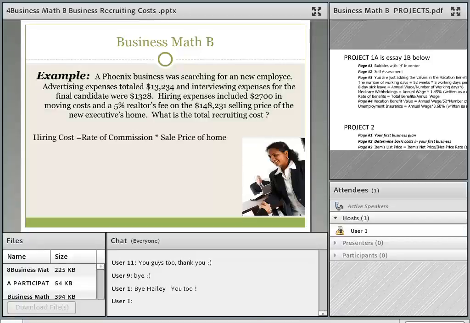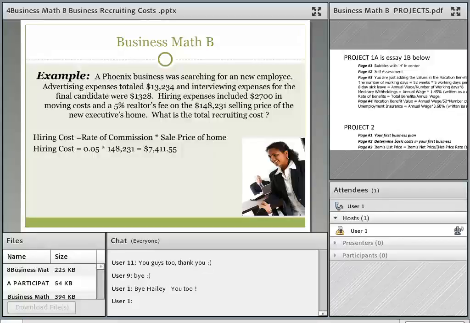Okay, so here's our formula. Hiring cost, remember, you're going to take the rate of commission, which is a percent. And there's only 5% listed in the problem. You can see that. So you'll translate that percent for the rate of commission. Don't forget 5% is 0.05.